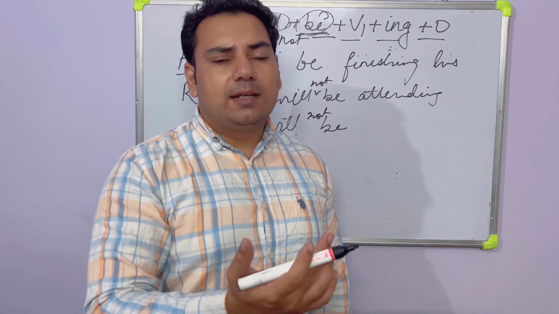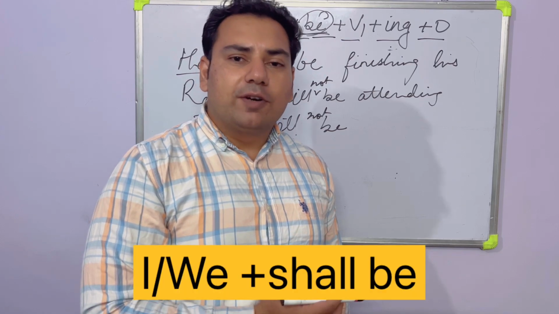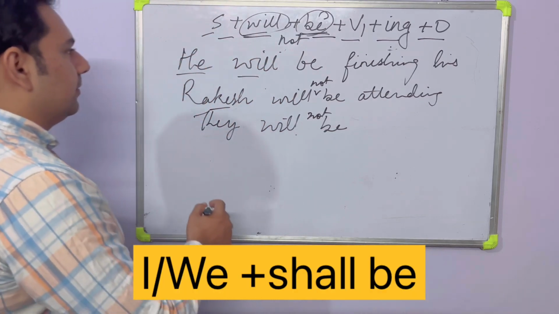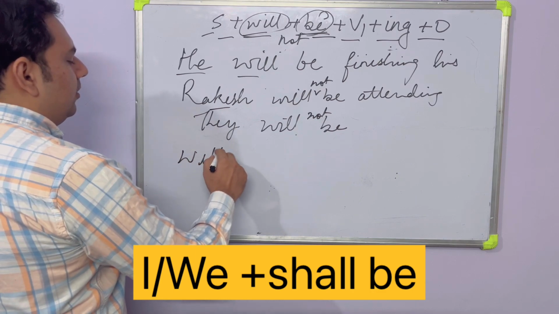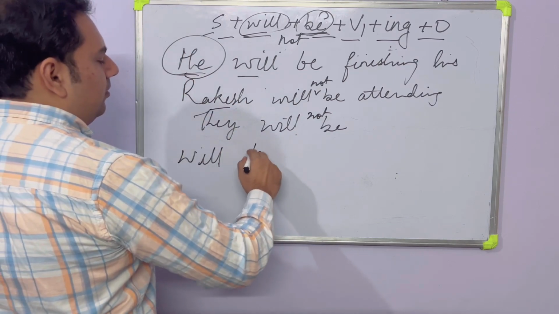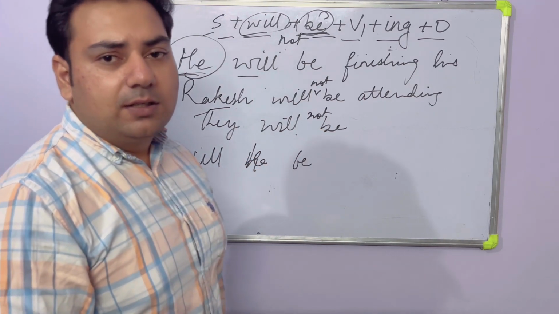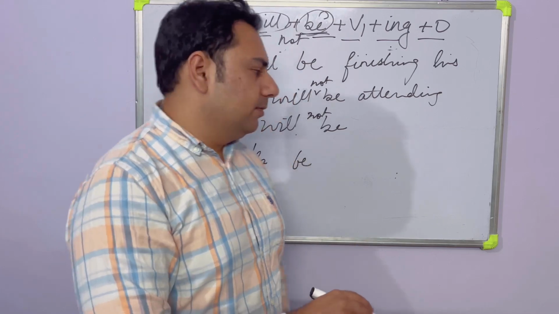And in the same manner, will is going to be coming in the front to make the interrogative one. Okay, so will he be finishing his work in the afternoon, question mark.